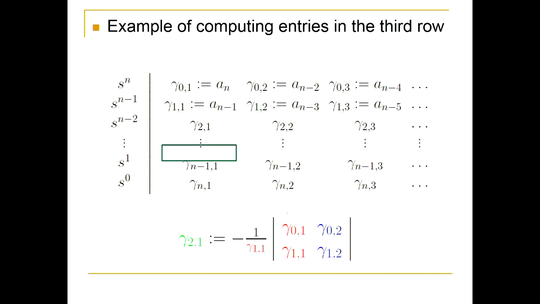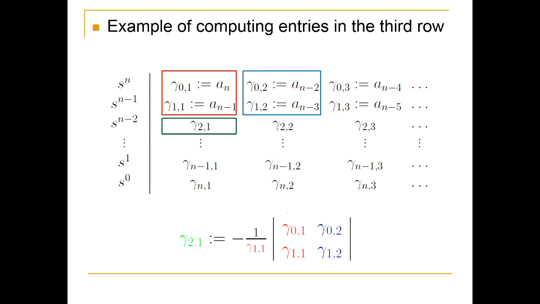The red entries are the ones right above gamma 2,1, and that is the first column in this matrix. The second column in the matrix is just these two entries. So that's the first coefficient in the third row.